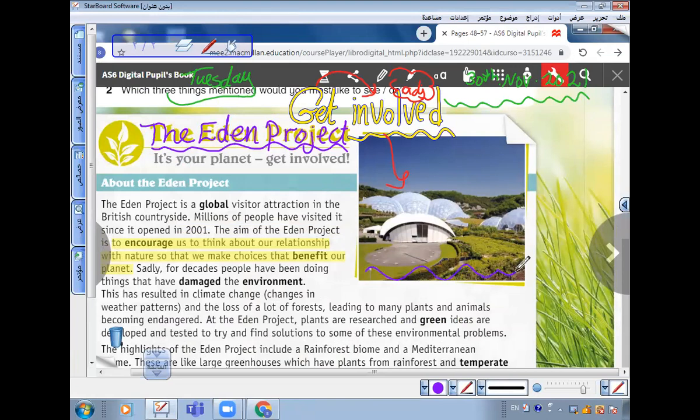Where is the location of Eden Project? Excellent. It's located in the United Kingdom. يعني بالولايات المتحدة، صح؟ بريطانيا. It is located in the UK. The name of this project is Eden Project.